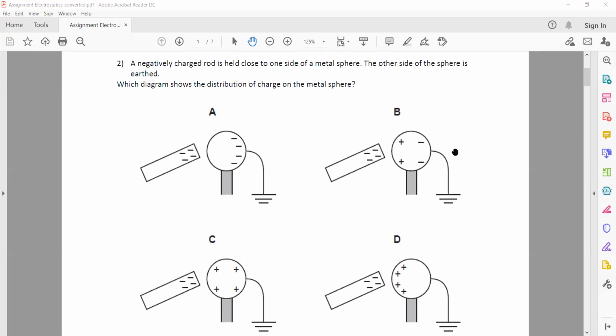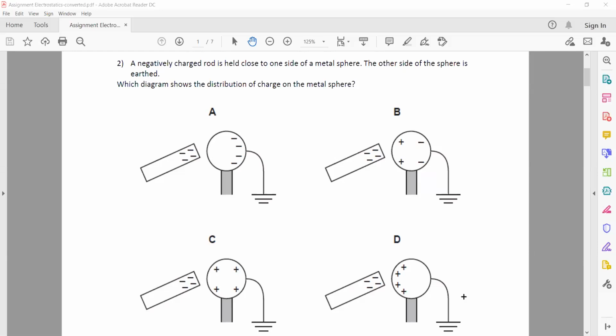Keep in mind it is Earth. If it was not Earth, then B was the right answer. But as they mentioned, it is Earthed, so B was not the right one.